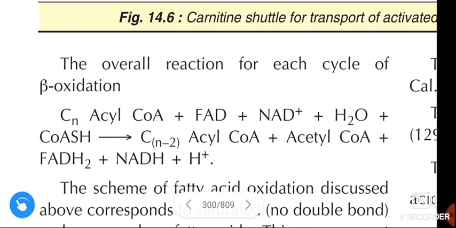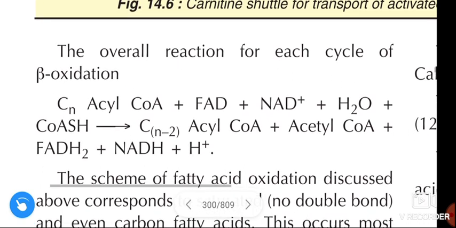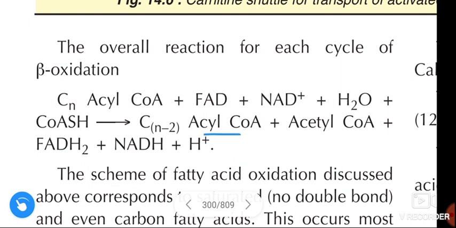Acyl-CoA with N carbons, that means this acyl-CoA contains N carbons, plus FAD plus NAD plus H2O plus coenzyme A, gives rise to acyl-CoA, and the newly formed acyl-CoA contains N-2 number of carbons.